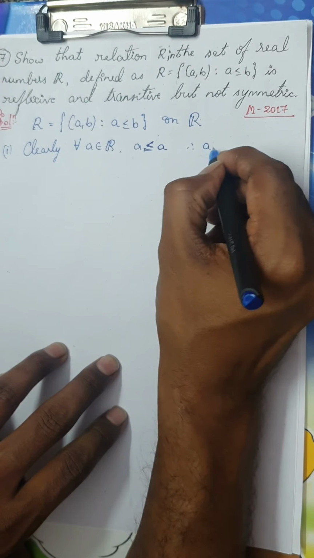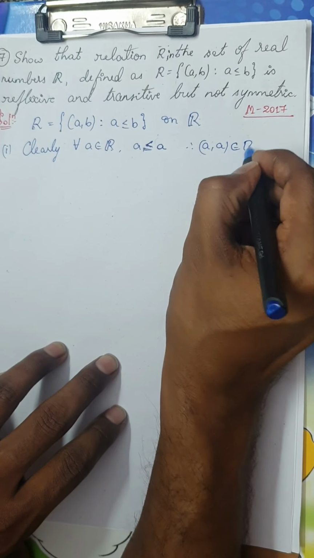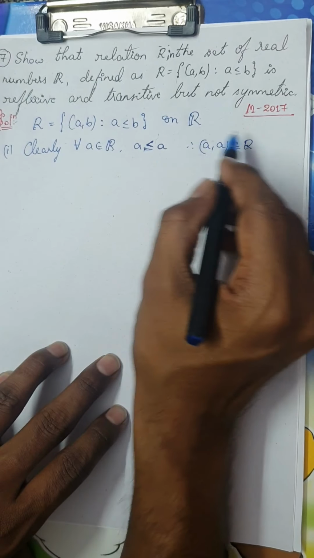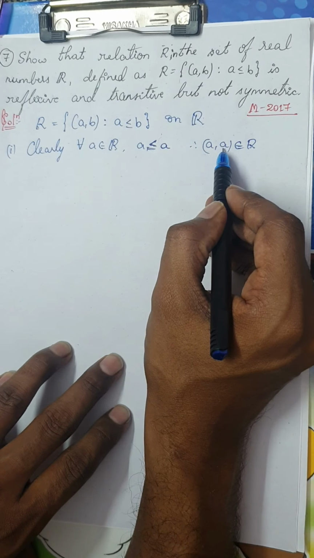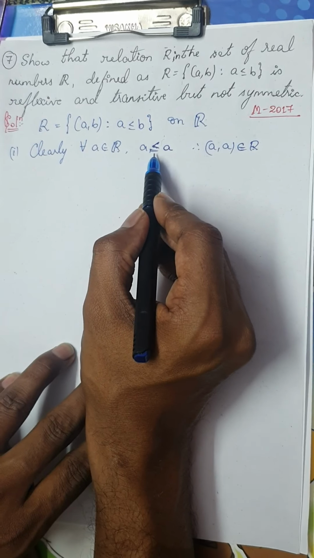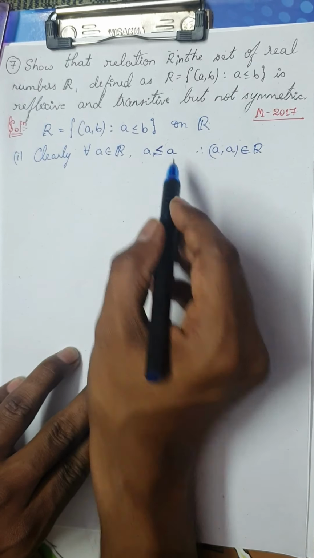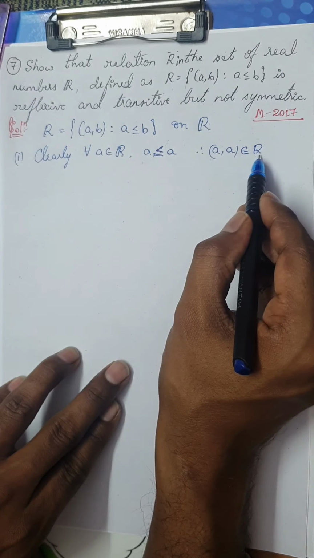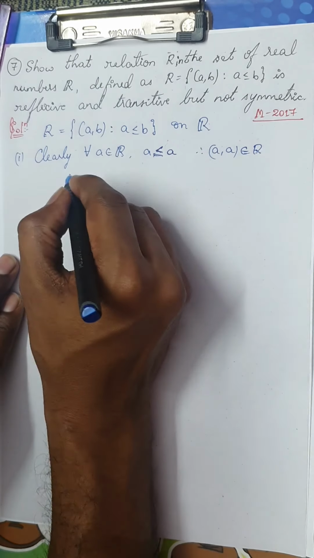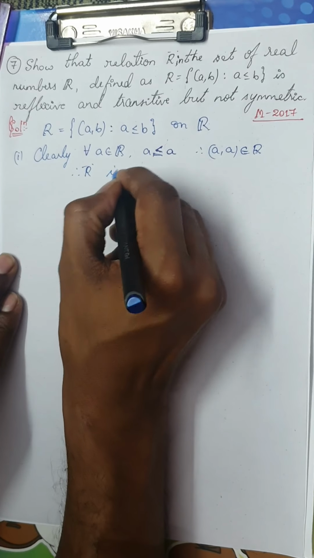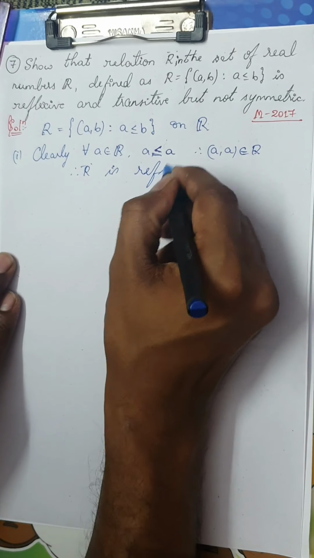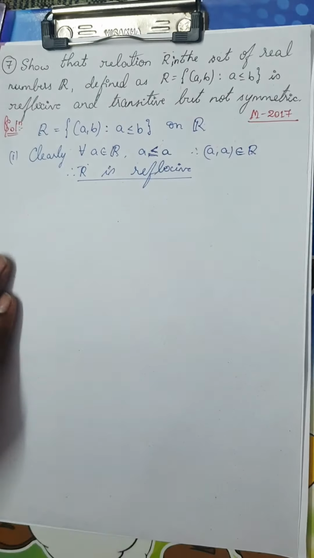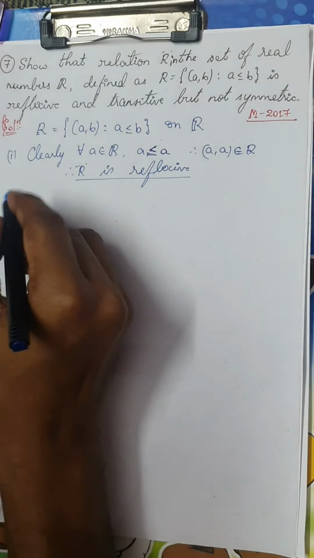Therefore, I can write (a, a) belongs to R. If it was strictly less than, then it would not be reflexive. Please be very careful, because it is less than or equal to, it is reflexive. So (a, a) belongs to R. Therefore, R is reflexive. Are you following? Okay. Yes, Pooja?